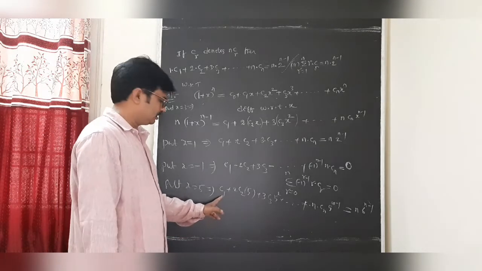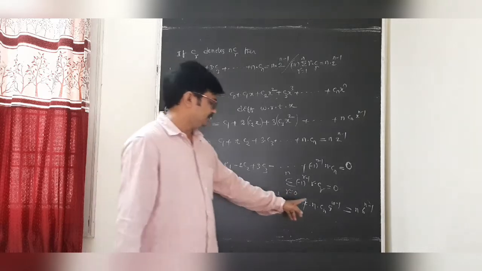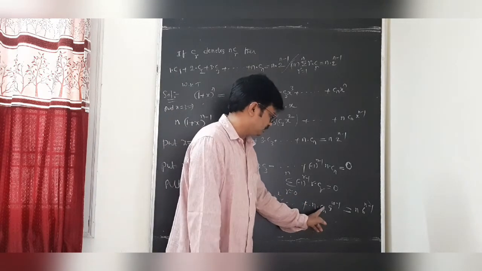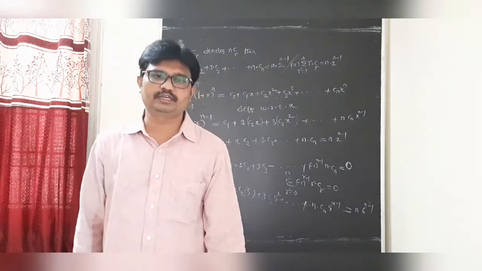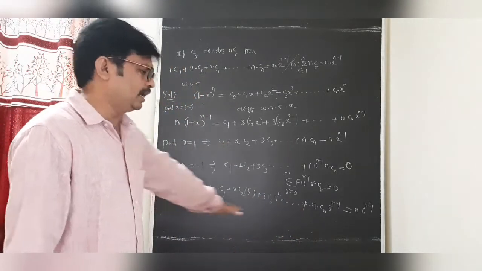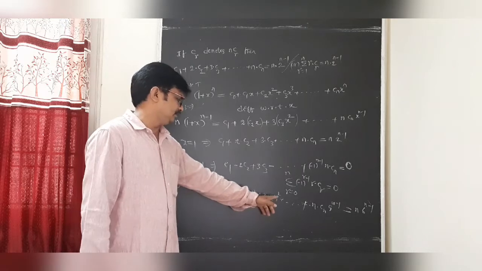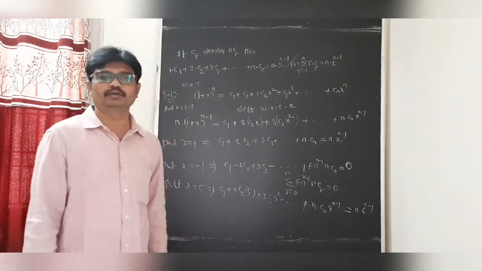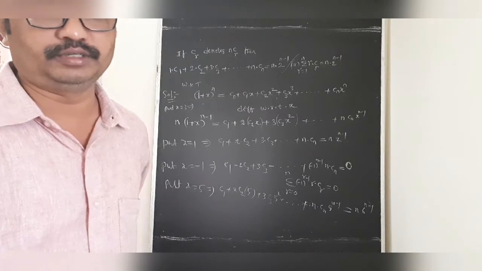That is C1 5, 2 into C2 5 square, 3 into C3 5 cube, n into Cn into 5 power n. This is 5 into 6 power n minus 1. Okay students, on both sides we have to multiply with 5. Then the terms C2 5 square, C3 5 cube are uniform. These are also substitutions.